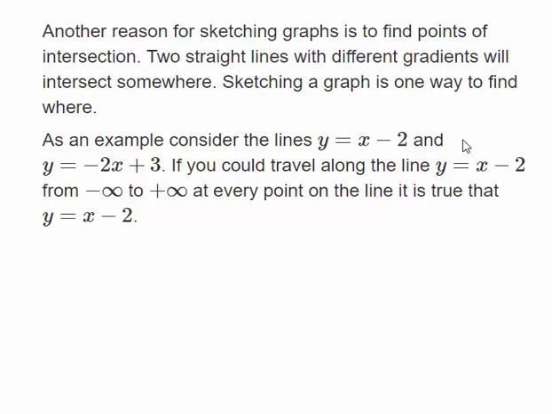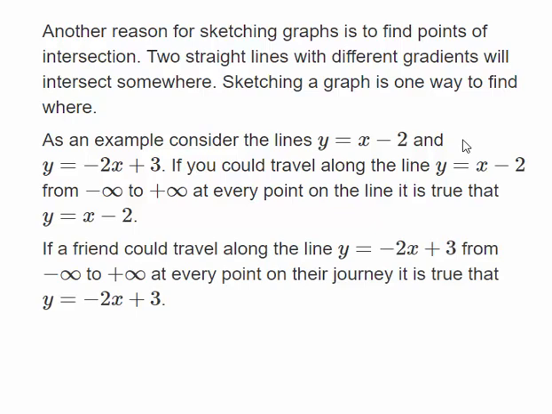If you could travel along y equals x minus 2 from x equals minus infinity to x equals plus infinity, everywhere on the line it will be true to say that y is equal to x minus 2. And if a friend of yours could travel along y equals minus 2x plus 3 from x equals minus infinity to x equals plus infinity, at every point on the journey it will be true to say that y is equal to minus 2x plus 3.